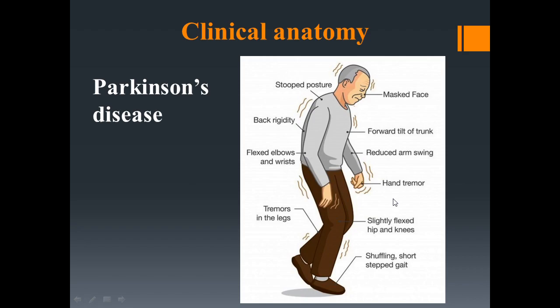Now clinical anatomy. All of you know that the substantia nigra releases dopamine, and the nigrostriatal fibers are dopaminergic, and this dopamine is required for the smooth functioning of the voluntary muscles. Now in old age, what happens due to degenerative changes in the globus pallidus and substantia nigra?